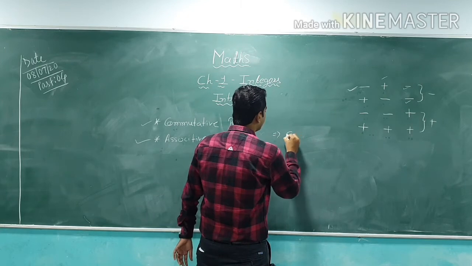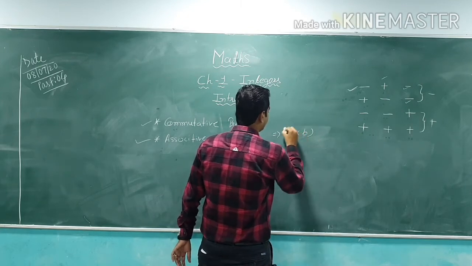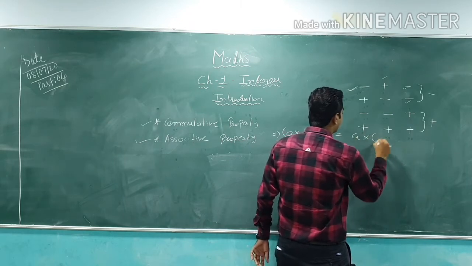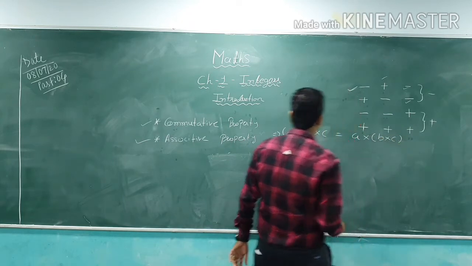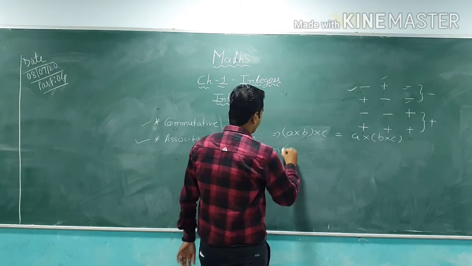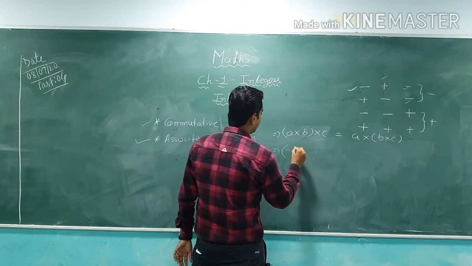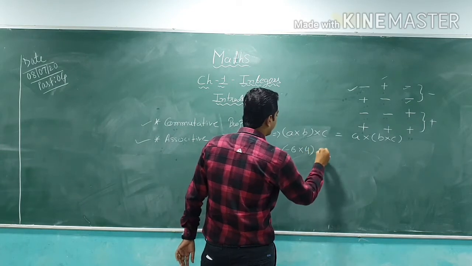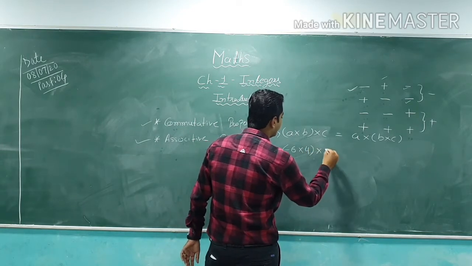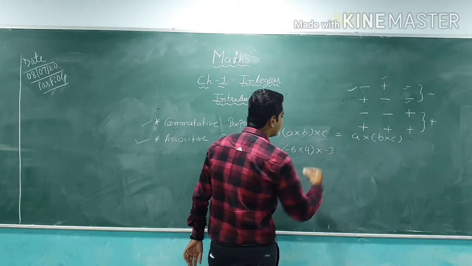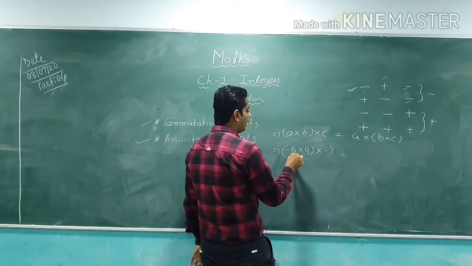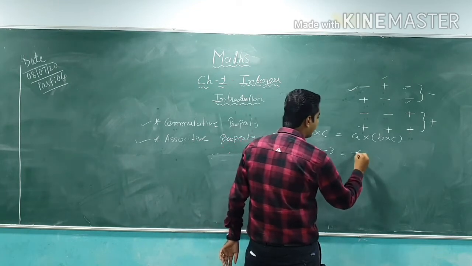Let's take, first of all, write the rule. a multiply b multiply c is equal to a multiply b multiply c. Now this time we will write here minus 6 multiply 4 and multiply outside we will take minus 3. Now what we took here, a is minus 6, so write minus 6.